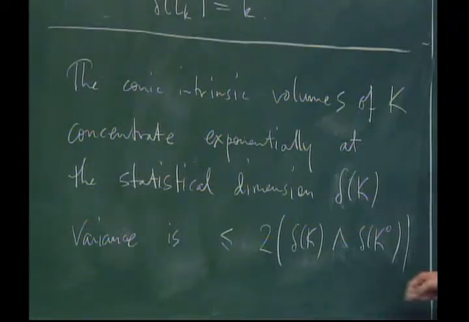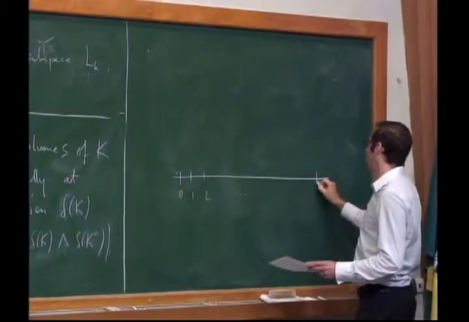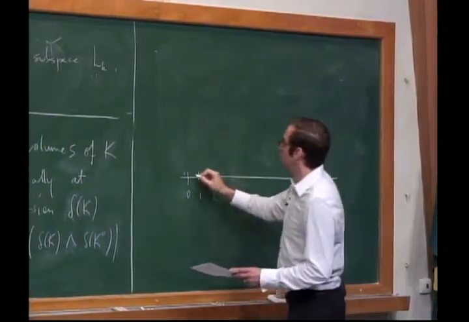So let me draw you a picture so it's clear what I'm talking about. So here is a very typical picture of what intrinsic volumes look like. 0, 1, 2, and so forth up to d.